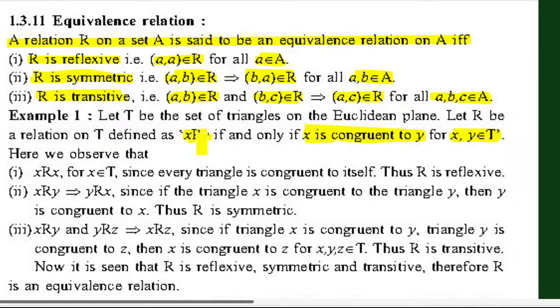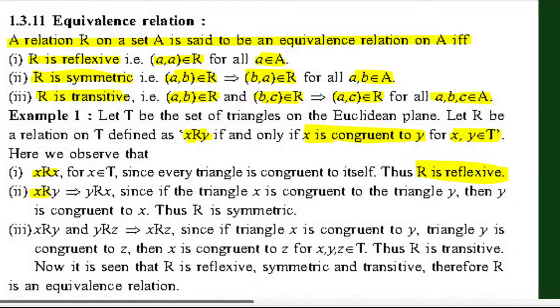X and Y are triangles. Okay. So now see, X related to X, and X itself will be congruent to itself, since every triangle is congruent to itself. So thus R is reflexive. Okay, the reflexive condition is fulfilled.